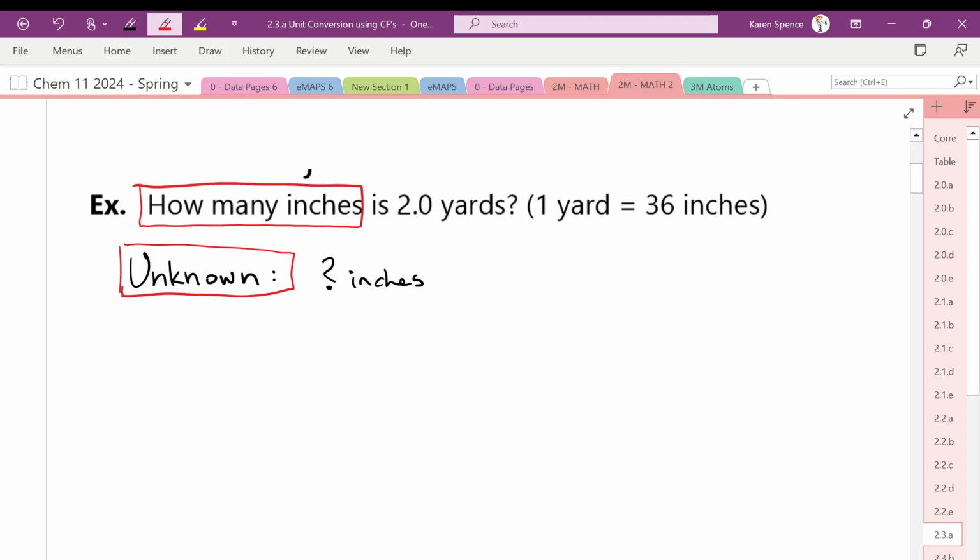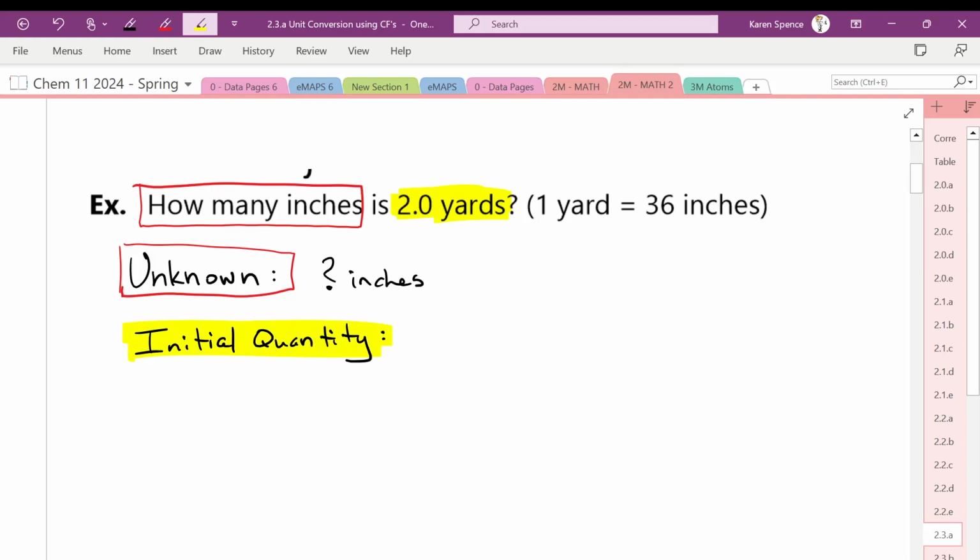What is our initial quantity? And that's what you're given in the question. Two yards. Okay, so we have 2 yards.